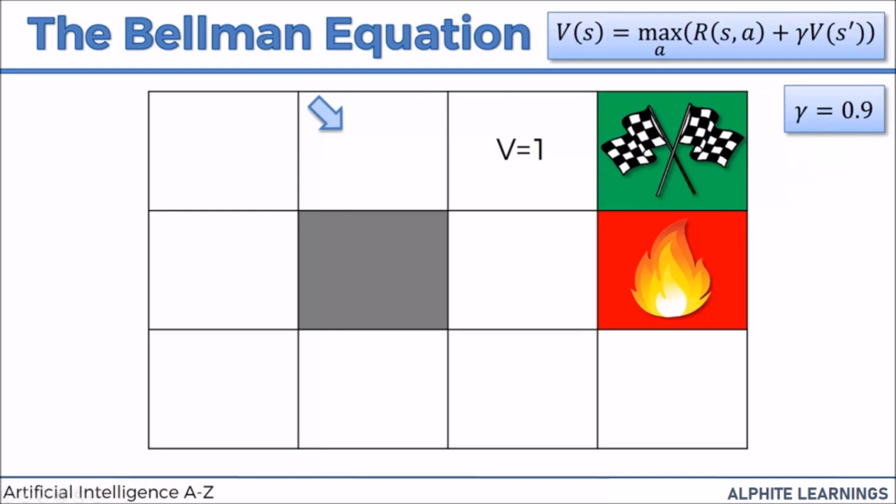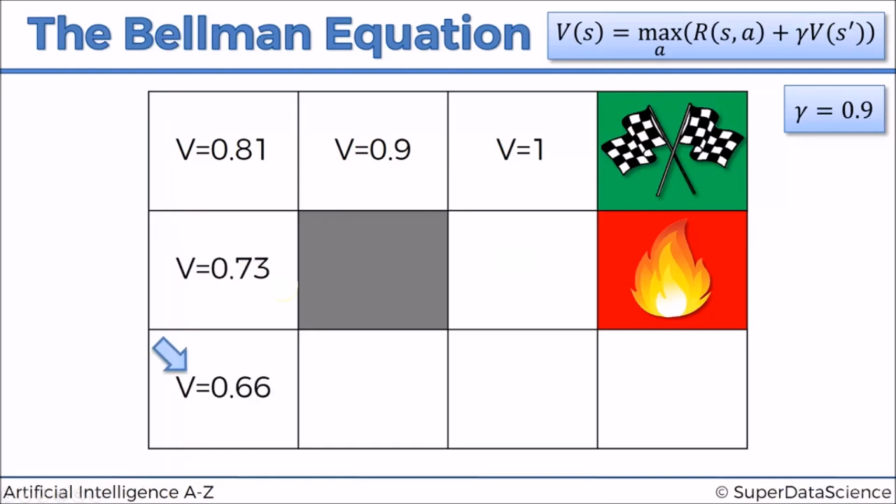Now if I move there, I get 0.9, so this factor gets eliminated. See, this plus 0.9 times the previous value, which is 1. So 0.9 times 1 is 0.9. The same way if I go before, this factor is eliminated, and then gamma times the previous value, 0.9 times 0.9, is 0.81. Similarly I'll fill the rest.